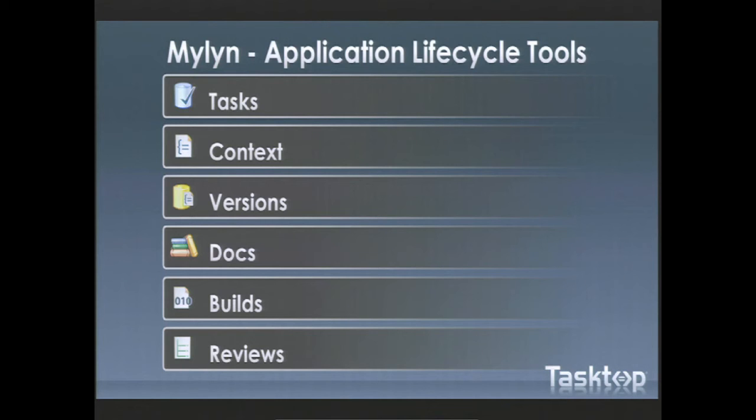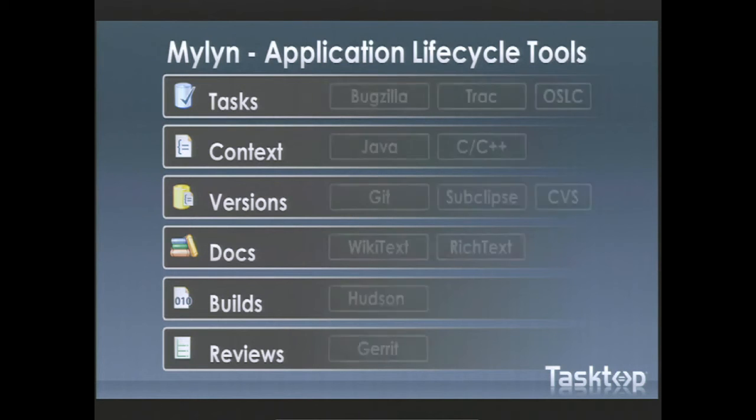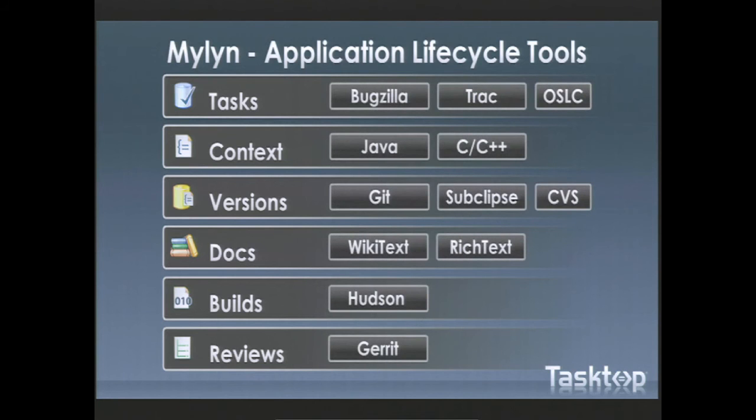concerns. And what's really interesting is that each of these sub-projects has a framework component, and it has several reference implementations that implement the framework. And the framework component provides the generic API to access tasks or builds or reviews, and then the different extensions, connectors, provide access to specific systems.